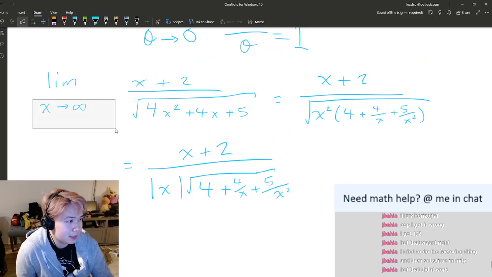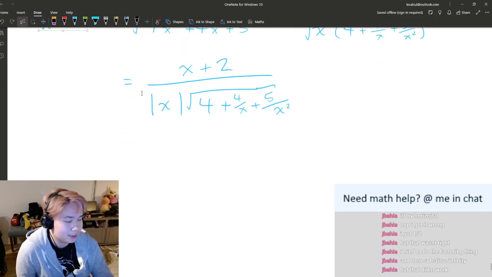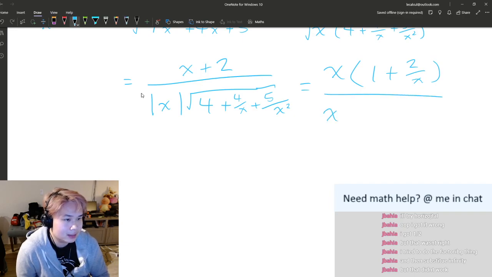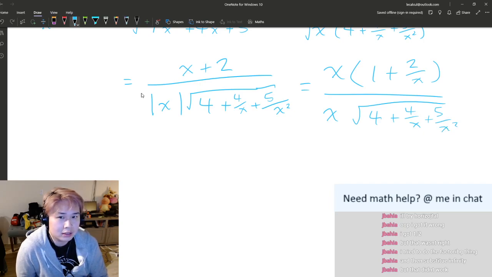Now for positive infinity, these absolute value brackets don't do anything. So then you can factor this. And then on the bottom you have this. And then these cancel. So then these cancel.